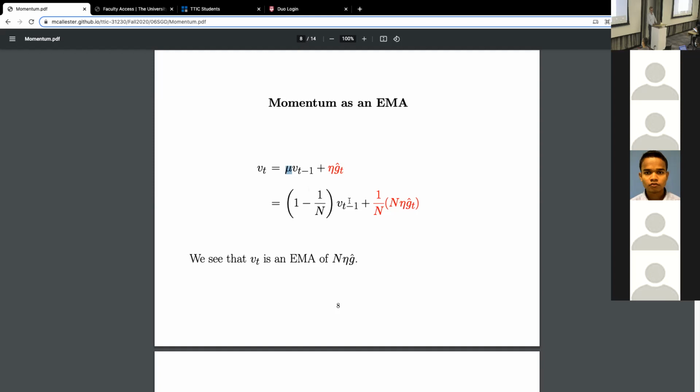And then I can rewrite this term as 1 over n times that term, and then it becomes an exponential moving average. But what is it an exponential moving average of? It's an exponential moving average of n times eta times g hat. That's weird. Am I making sense? So we've got this extra factor of n in there.